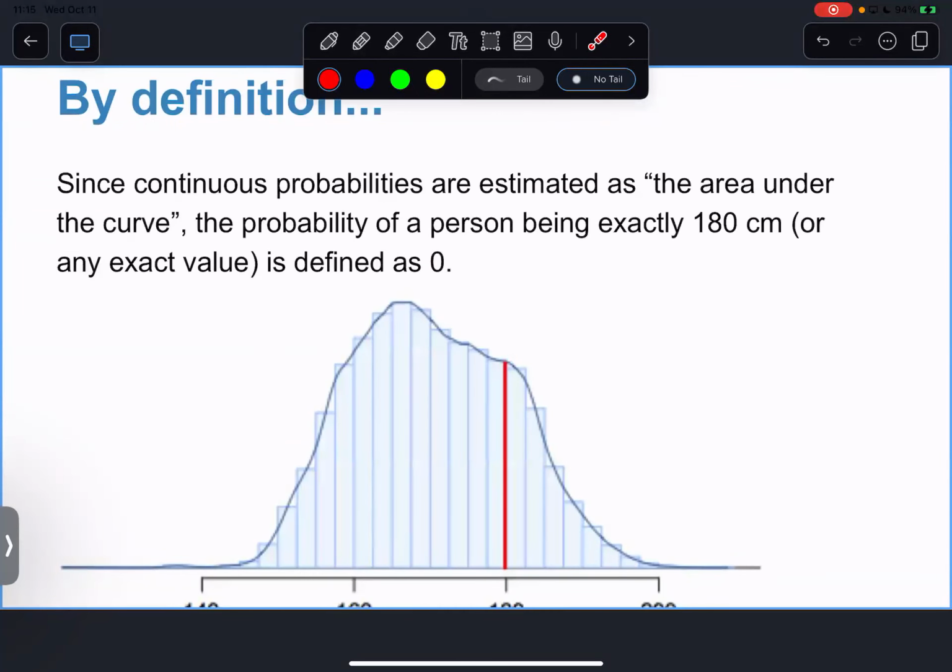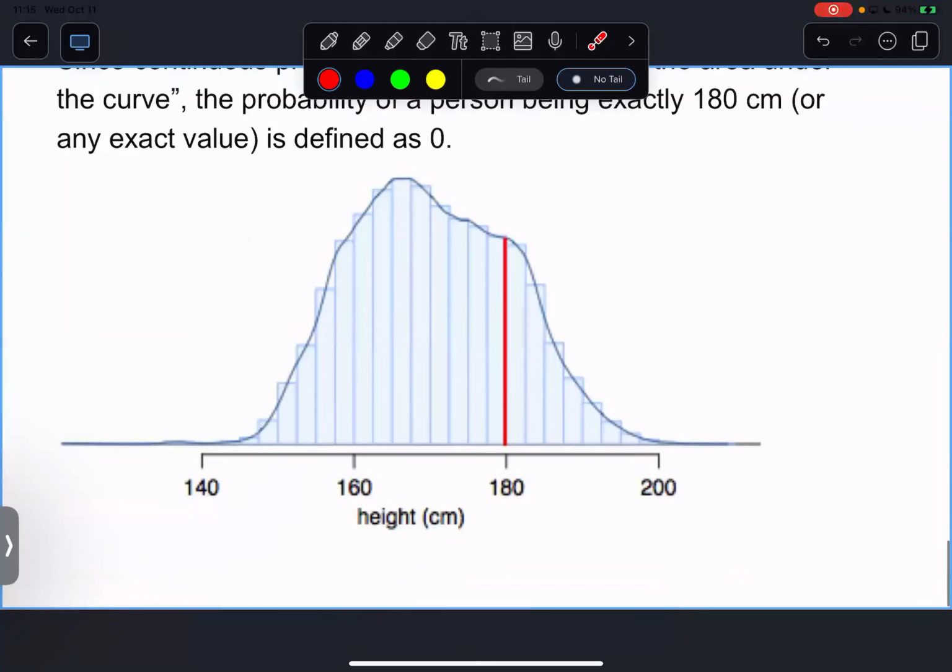One of the things to keep in mind is that because the probability is the area under the curve, if you have a distance of 0, think about a rectangle. If you have a base of 0, then how big is your rectangle? What's the area of your rectangle? It has to be 0, right? Because one of the sides is 0.